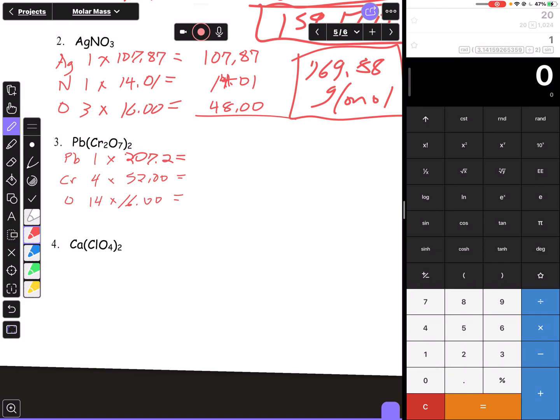So 1 times 207.2 would be 207.2. 4 times 52 gives me 208.00. So now go to 2 decimal places. So that top one would be 207.20.